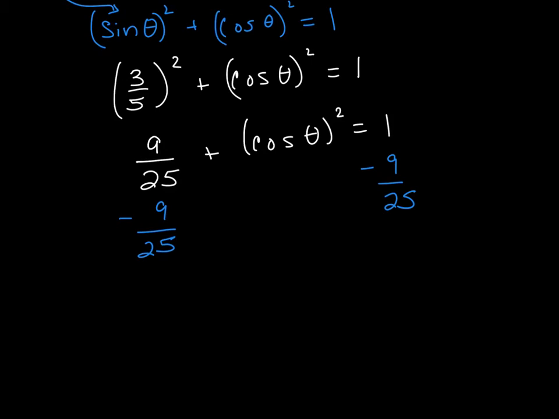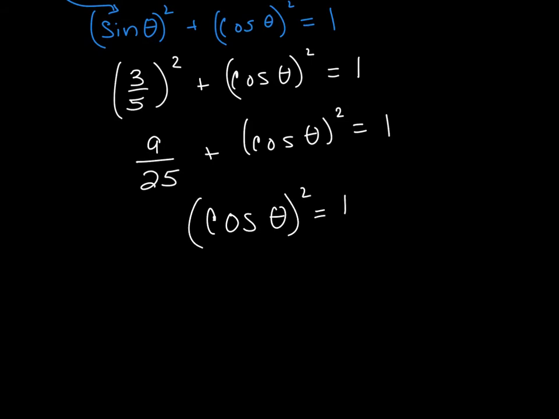So this becomes 1 minus 9 over 25. I rewrite 1, and instead of writing it as 1, I write it as 25 over 25. And 25 minus 9 gives me 16 over 25. So after subtracting that from both sides, I get the cosine of theta squared is equal to 16 over 25.